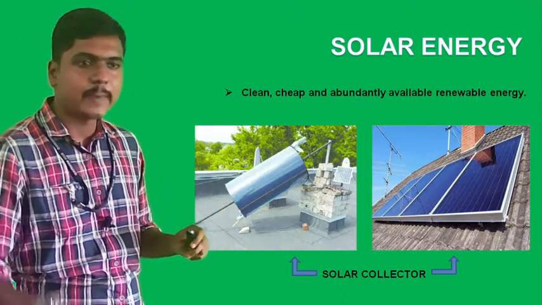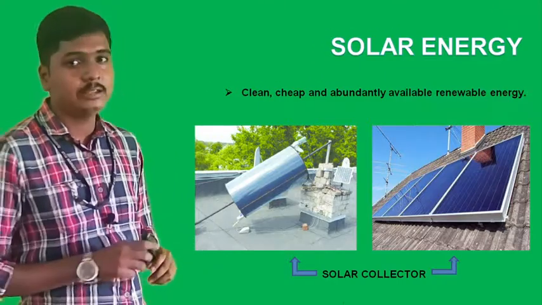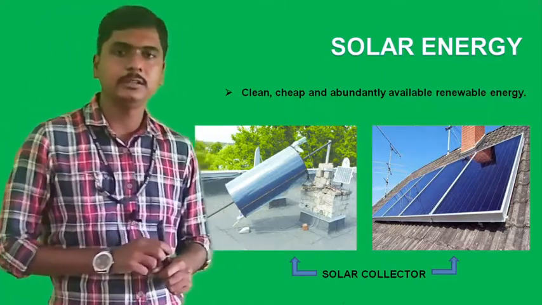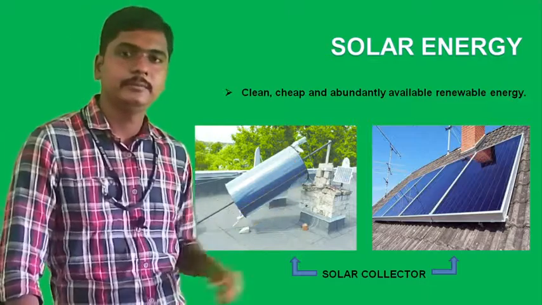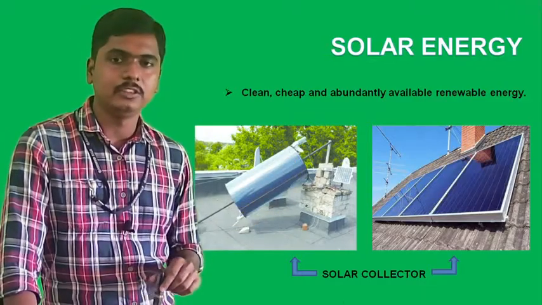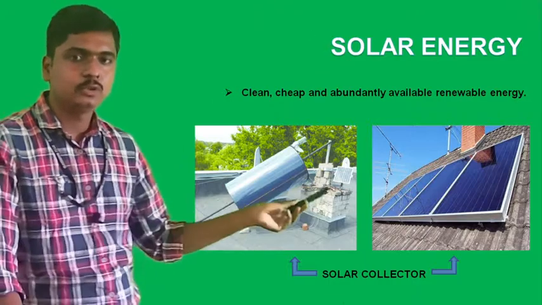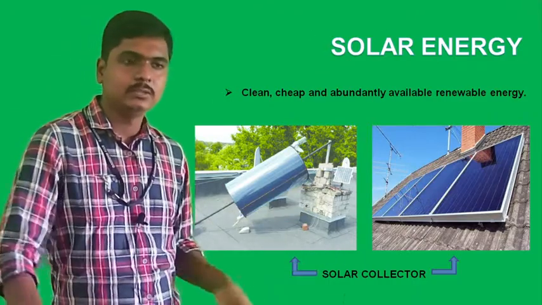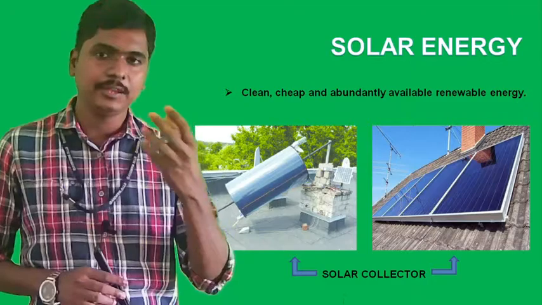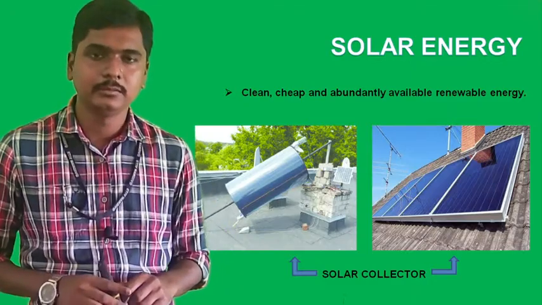The first requirement for solar energy is the sun. Without the sun we are not able to get all these things. The second most important thing is the solar collector, meaning it collects the radiation coming from the sun.